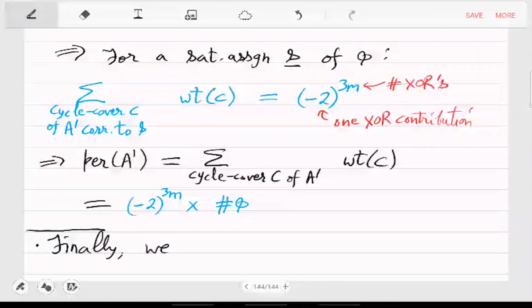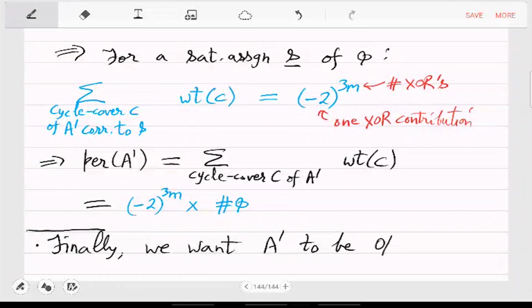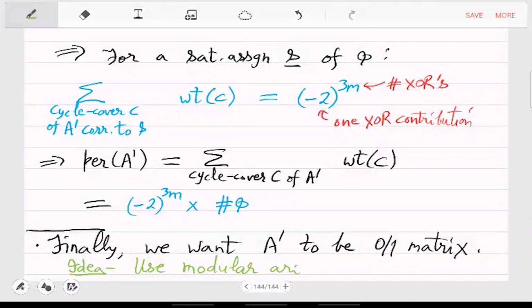Finally, we want A prime to be a 0, 1 matrix. So for that, the idea is to use modular arithmetic and binary representation.